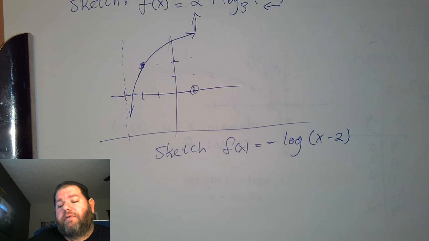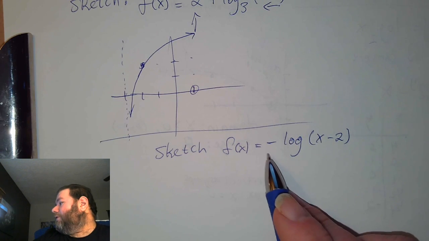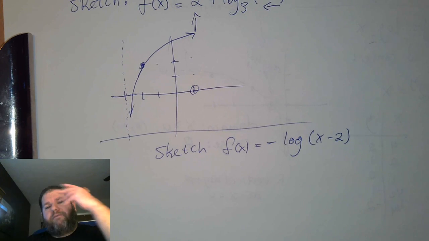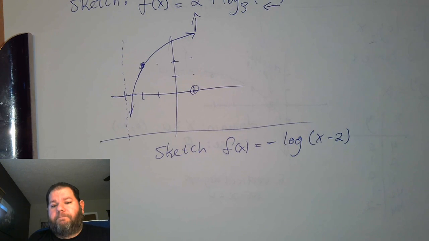But yeah, I mean, you could go the route of plugging in points. It's just very tedious. Yeah, and that's actually what this one will be, Brock. If we get this negative in front, that's going to take the whole thing and flip it vertically. Mm-hmm.